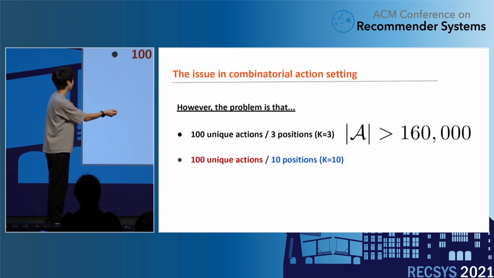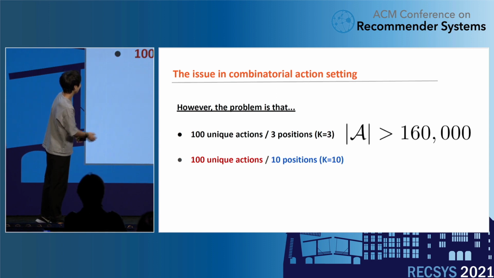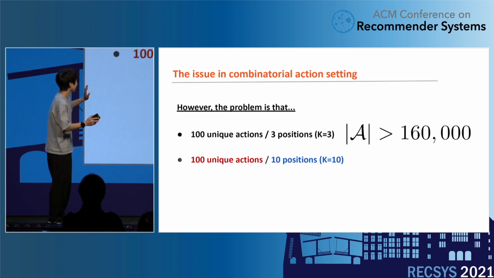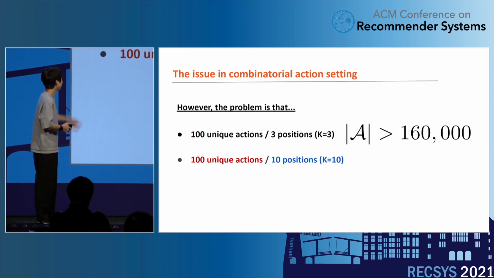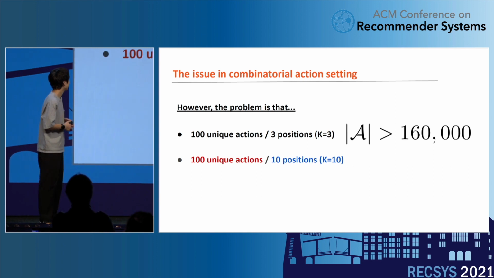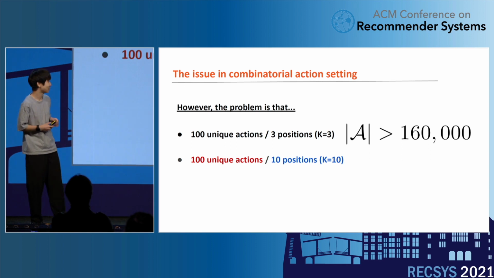Can you guess, again, what the number of all the possible combinations is going to be for this problem? The former problem has about 16,000 actions. And how about the next? A little bit different problem. What is the number of actions going to be?